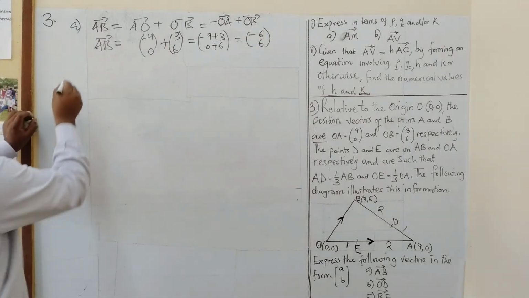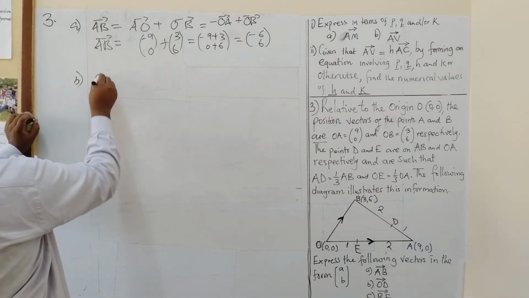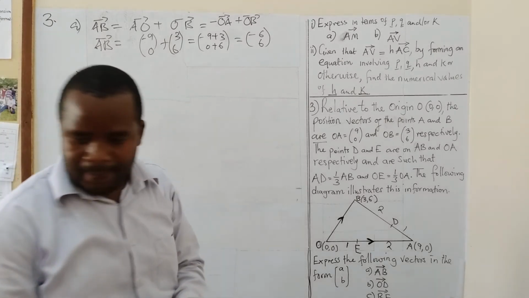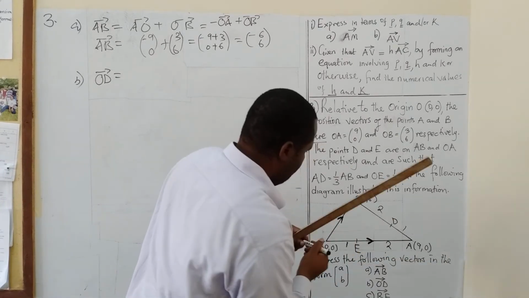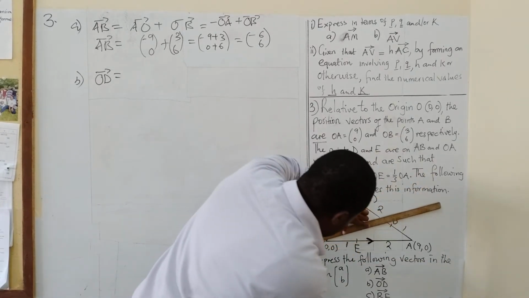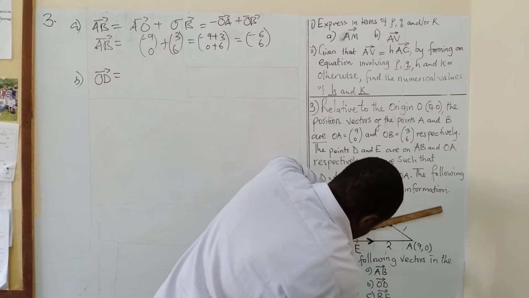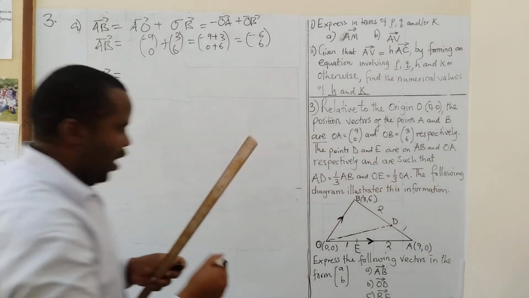Then B, OD. You want to move from O to D. Okay, so from O to D, you want this. So how can we move?